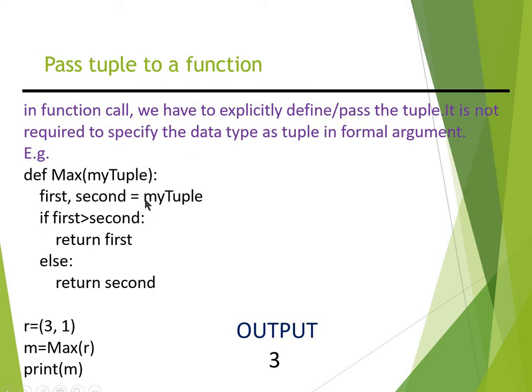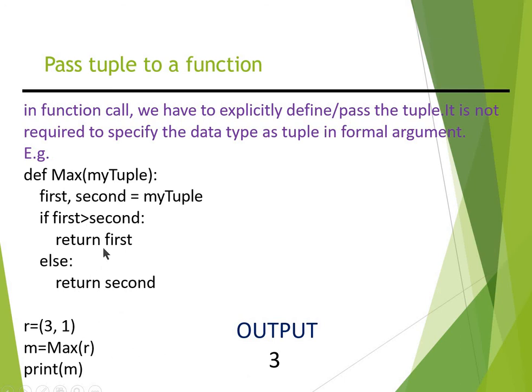So first, second is equal to my_tuple. Now, if first is greater than second, return first, else return second. So my_tuple is 3, 1. 3 is greater than 1, return 3, else 1. So here 3 is greater than 1, so the output will be 3.